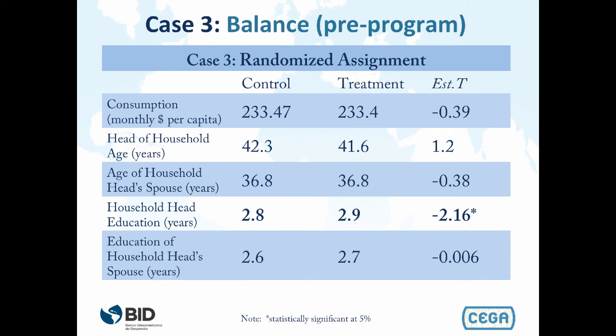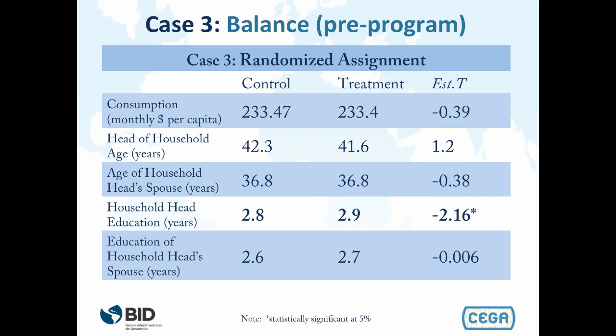Second, the difference between 2.8 and 2.9 is very, very small. Whereas if you were to look at the next row, the difference between the education of the spouse is only 0.1 difference between the control group and the treatment group. This is the same difference.